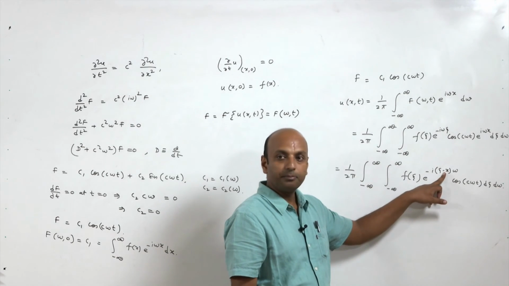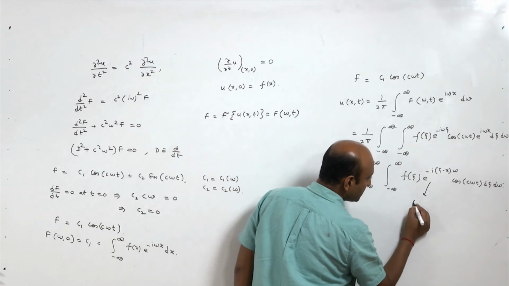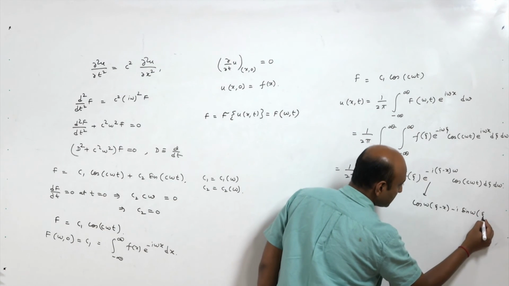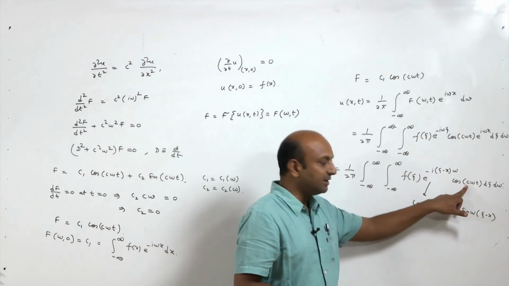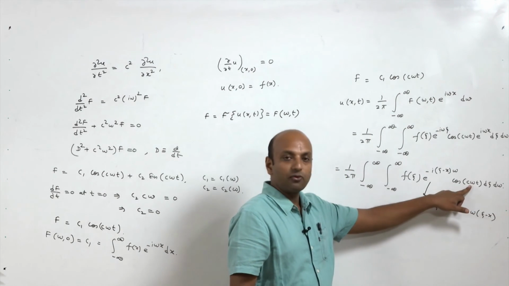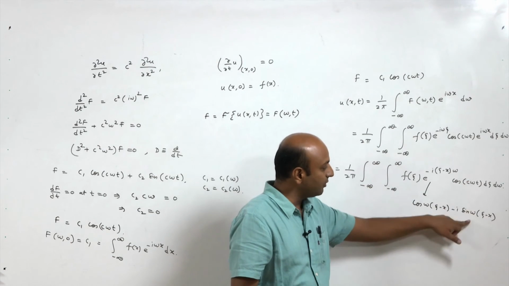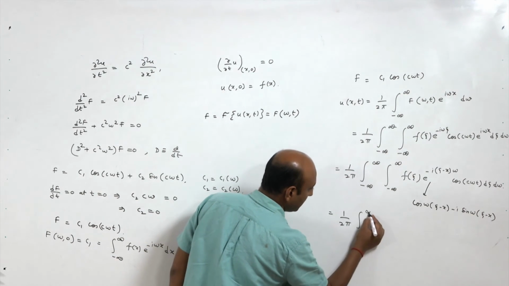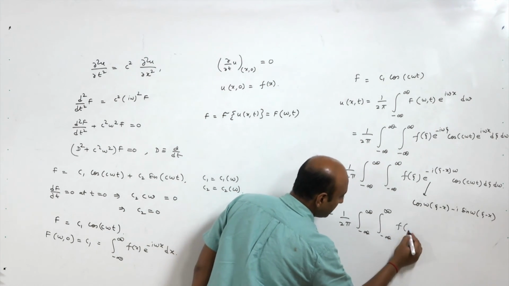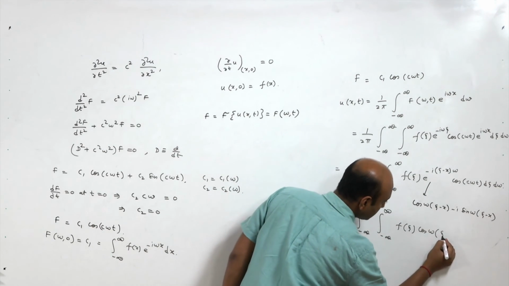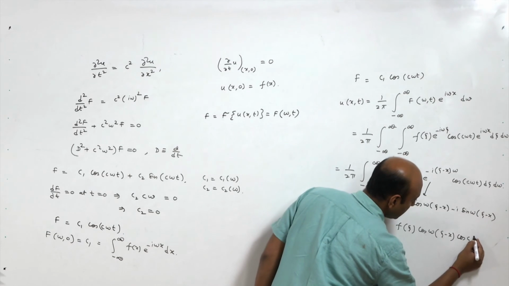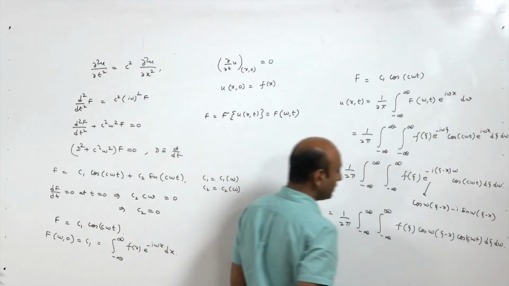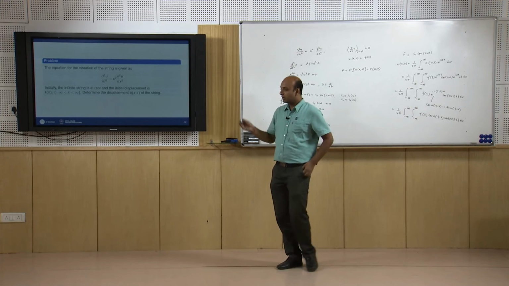However, the sine term, written as cos(ω(ξ - x)) - i sin(ω(ξ - x)), is such that the cosine part into cos(c ω t) is an even function in ω, and the sine part into cos(c ω t) is an odd function in ω. So the odd part will be 0 in terms of ω. We are left with only one term, that is 1/π times the integral of f(ξ) cos(ω(ξ - x)) cos(c ω t) dξ dω. That will be the final solution of the given differential equation.